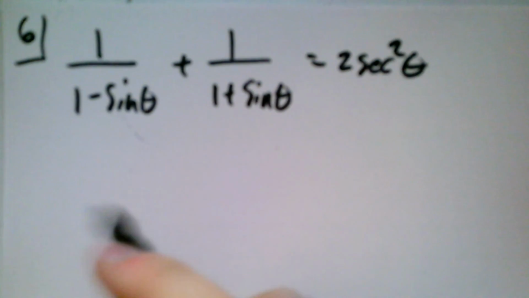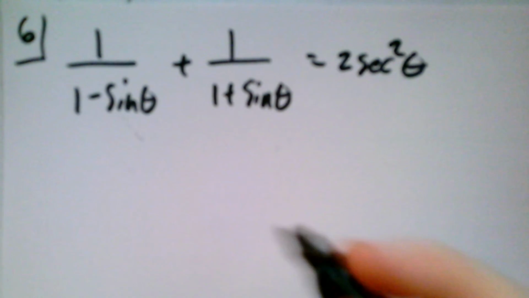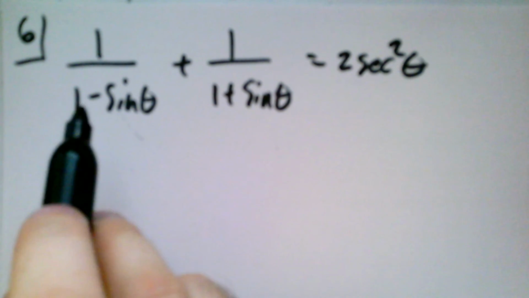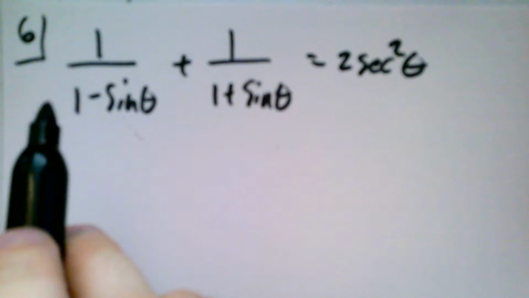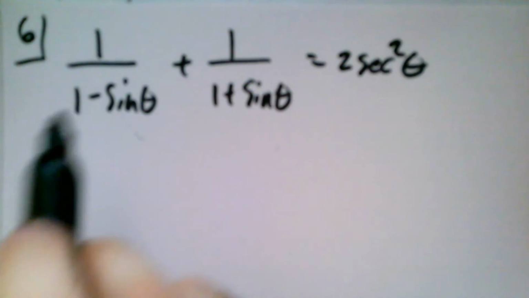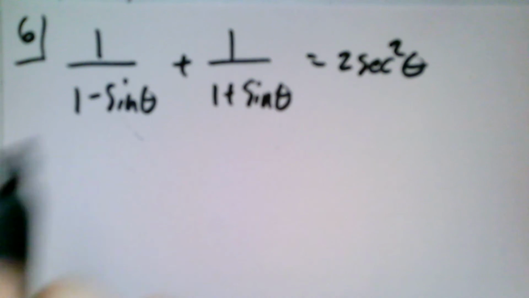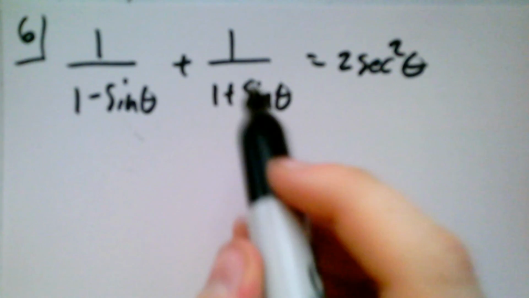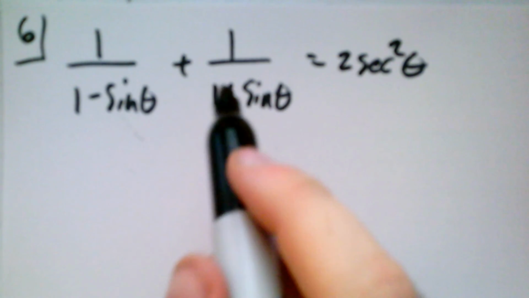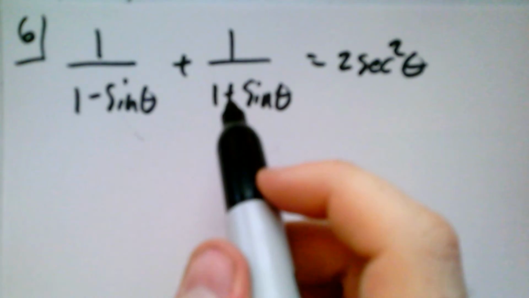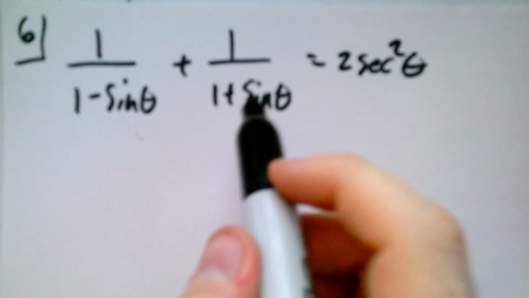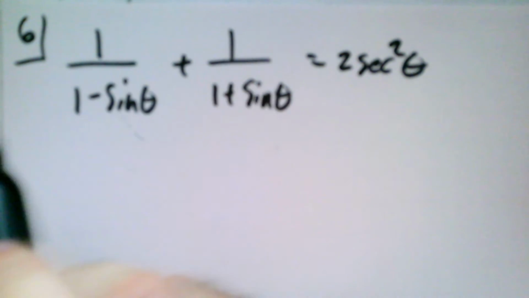And the first thing I'm going to do is I'm going to try and combine these fractions. So if I multiply this fraction by 1 plus sine theta over 1 plus sine theta, that doesn't change anything. Multiplying by 1 doesn't change the value of a fraction. If I multiply here by 1 minus sine theta over 1 minus sine theta, it won't change the value of this fraction, and then I'll have common denominators so I can combine these fractions.